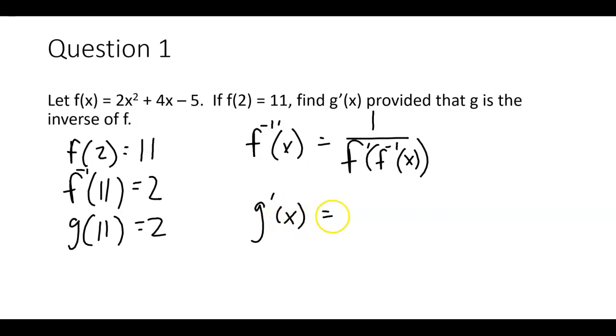And so it looks more like this. Now, we want to find g prime of 11, provided that g is the inverse of f. So now I want to plug in that 11 there.